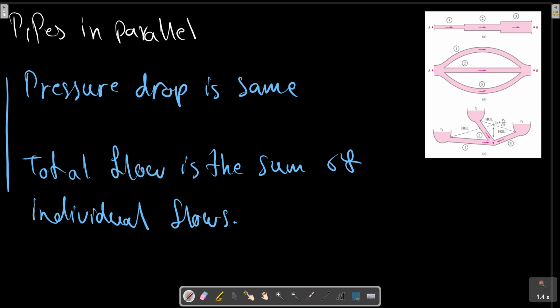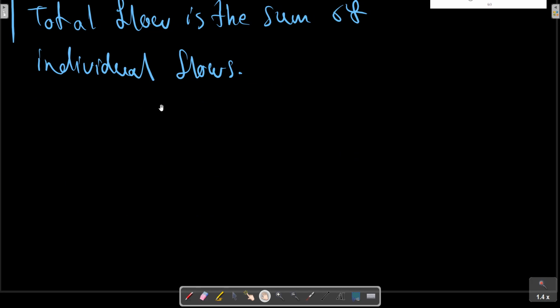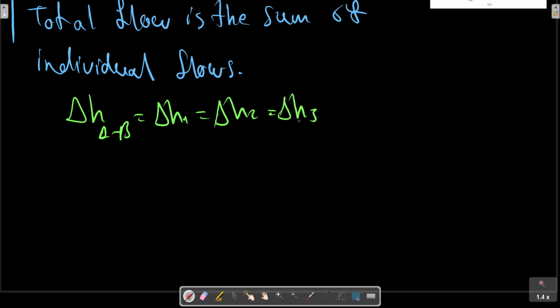So we can write the head loss, and Q equals Q1 plus Q2 plus Q3.